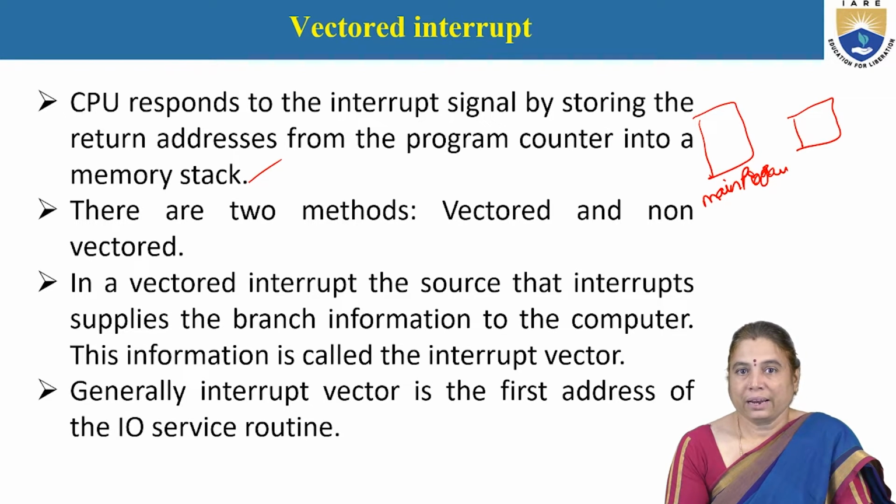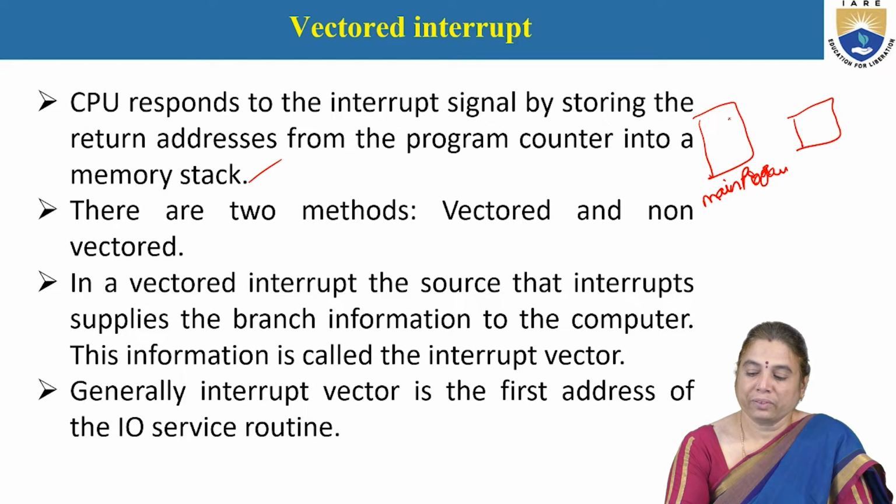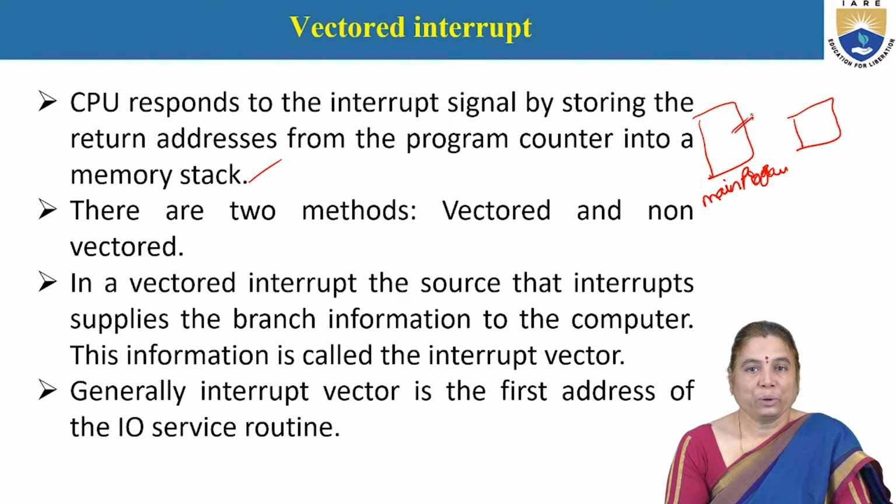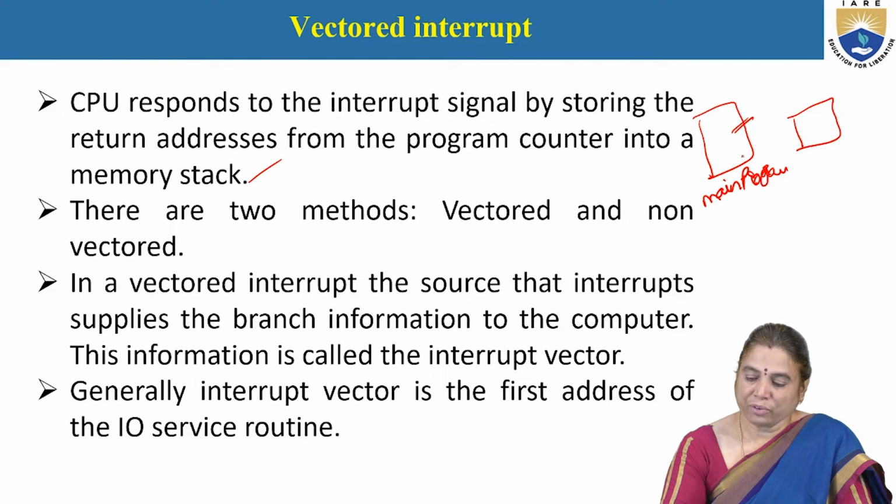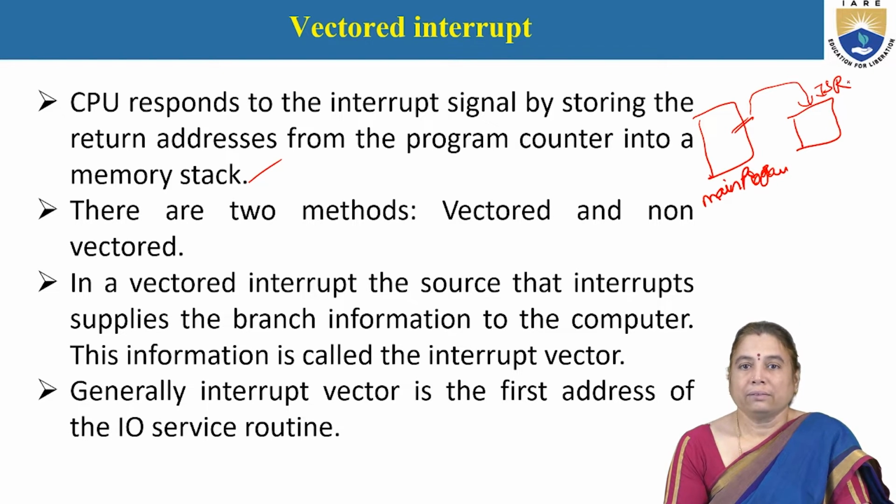The data is readily available, the status register flag is set, so the device can raise an interrupt signal while the main program is executing. Thereby, the CPU stops execution of the main program and transfers to the ISR, the interrupt service routine, that is the peripheral IO operation.